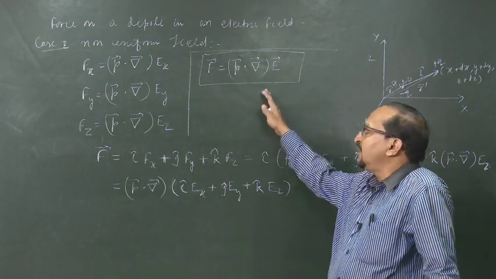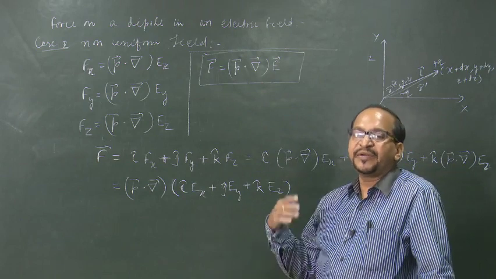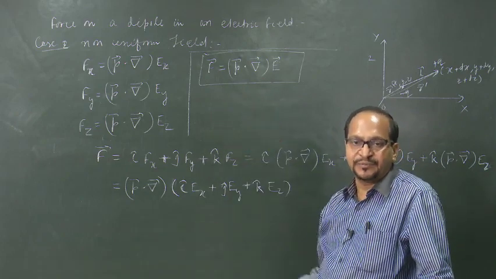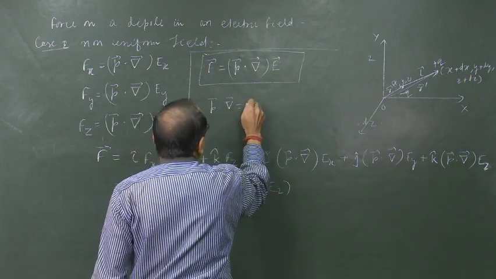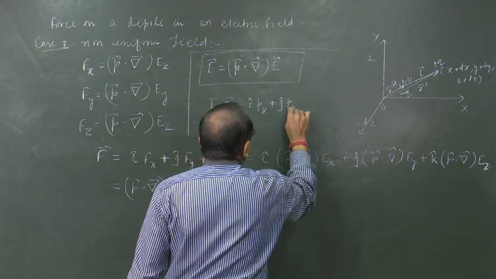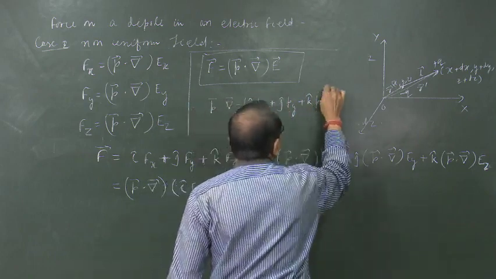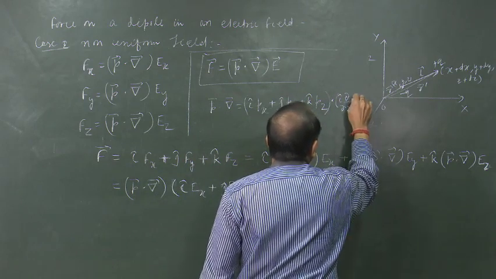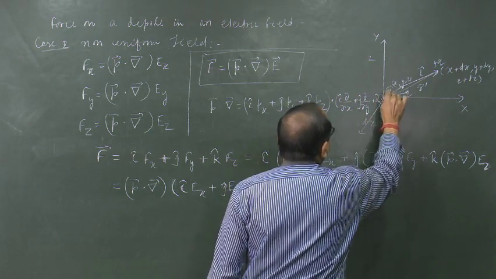And we are getting here a new kind of operator, p dot del, which is operating over the field. This p dot del is like a dot product, so it becomes a scalar operator. And what is its value? This p dot del means (i cap p_x plus j cap p_y plus k cap p_z) dot our del operator, which is i cap del by del x plus j cap del by del y plus k cap del by del z.